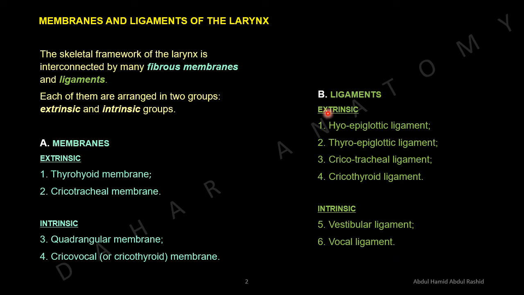Extrinsic ligaments are: 1, epiglottic ligament, 2, thyroepiglottic ligament, 3, cricotracheal ligament, and 4, cricothyroid ligament. Intrinsic ligaments are: 5, vestibular ligament, and 6, vocal ligament.